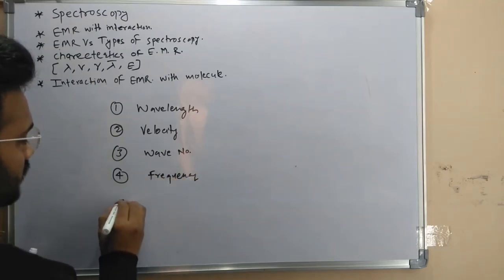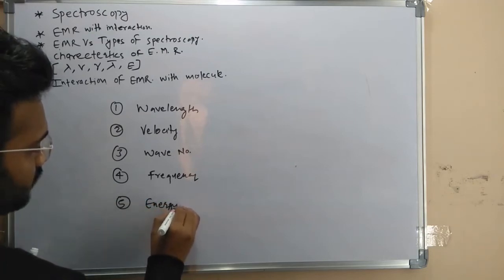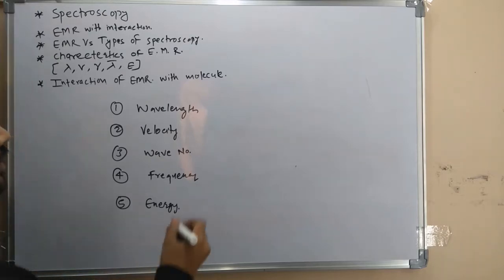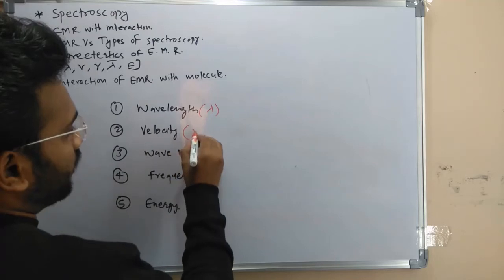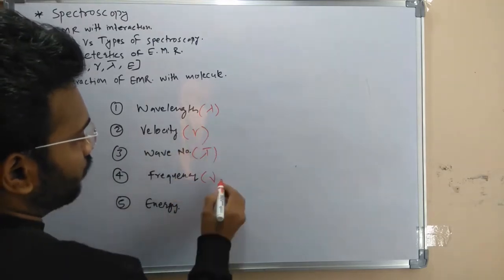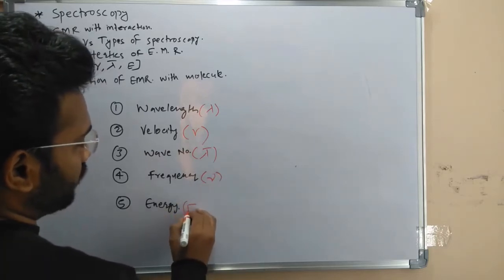And last, the energy. These are the characteristics of electromagnetic radiation. The wavelength is denoted by lambda, velocity by v, wave number by lambda bar, for frequency we use nu, and for energy we use E.